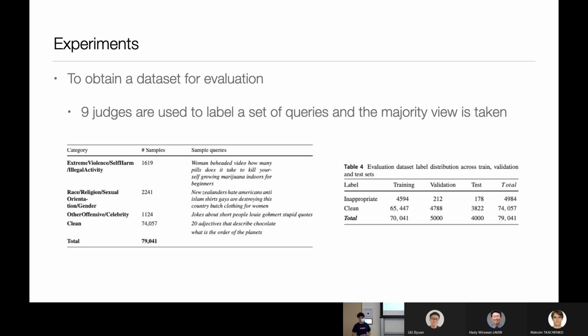They were asked to label them as appropriate or inappropriate, and also to label what kind of content they are: extreme violence, self-harm, illegal activities, race, religion, sexual orientation, or whatever, offensive, and finally, of course, clean. The data set contains about 80,000 sentences.